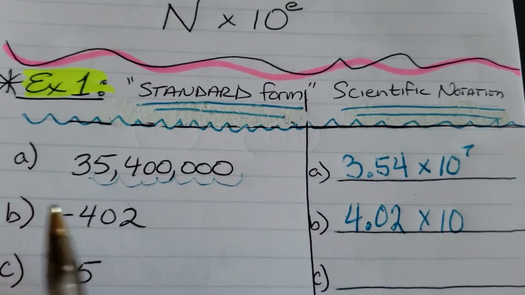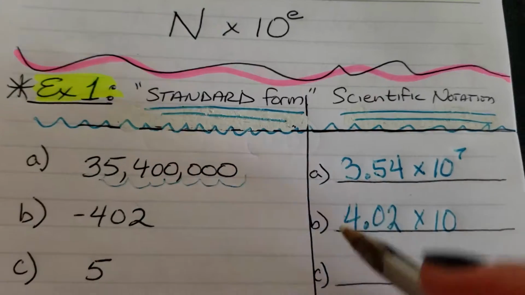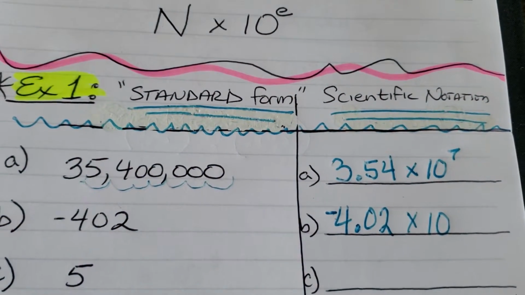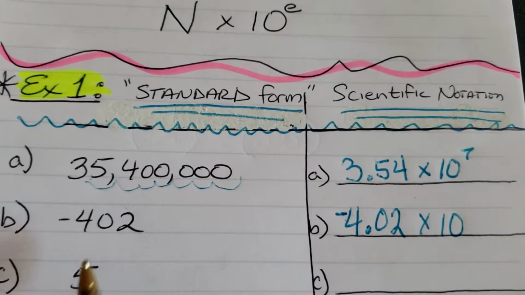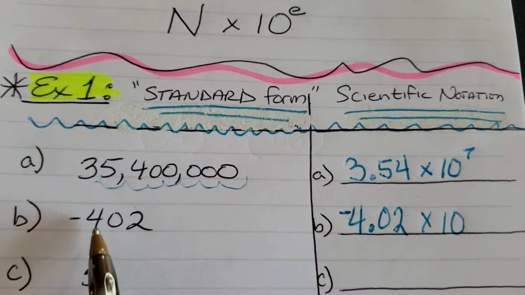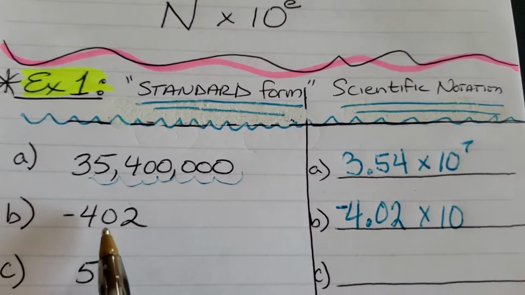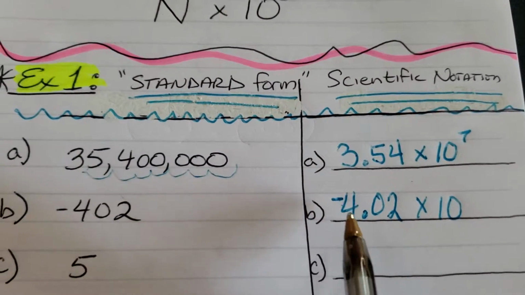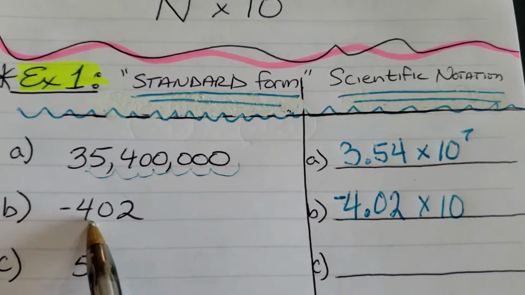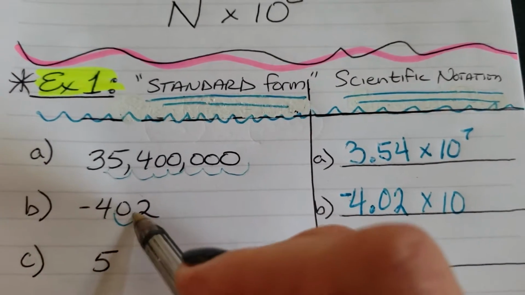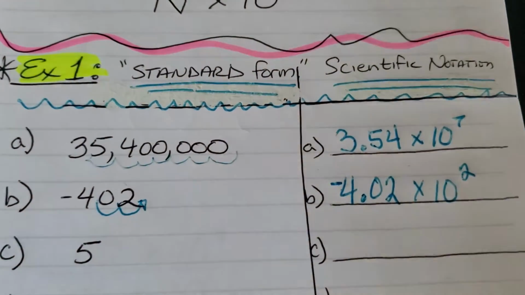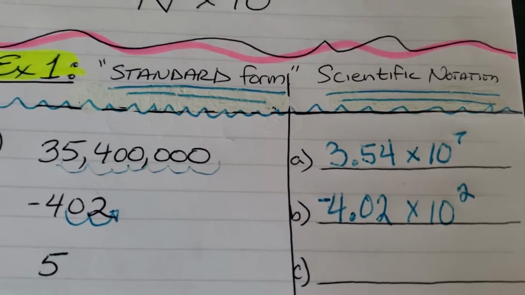Now, remember, this is a negative, so don't forget that negative, okay? You might want to put it in the beginning. Now, how many times, this is larger, I know it's a negative, but we look at the absolute value of it. How many times do we have to move that decimal to get to the end from the new placement between the 4 and the 0? Well, we had to move the decimal 1, 2 places to the right. So our exponent is a positive 2, okay?